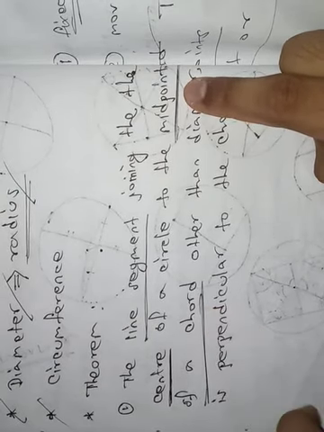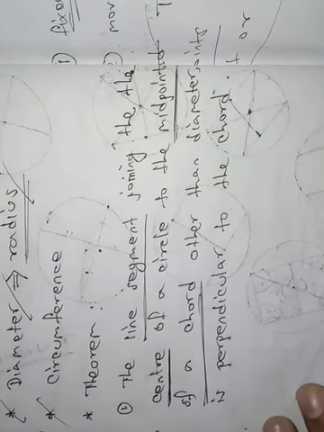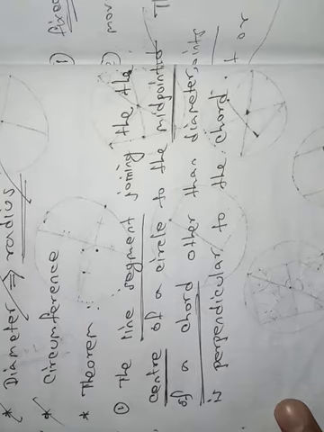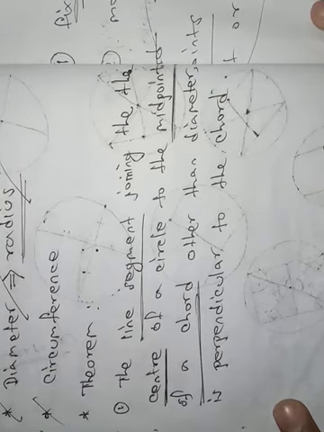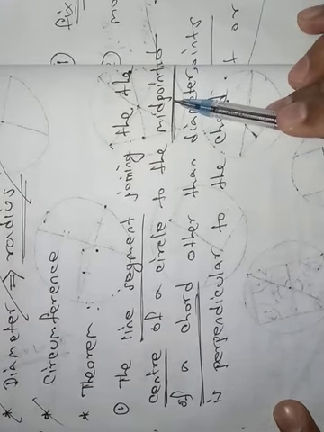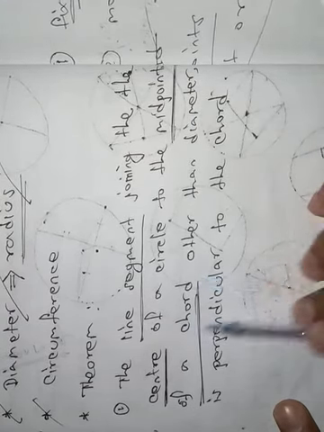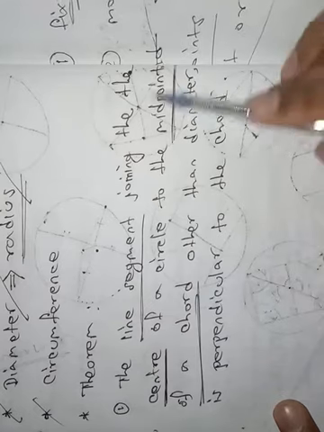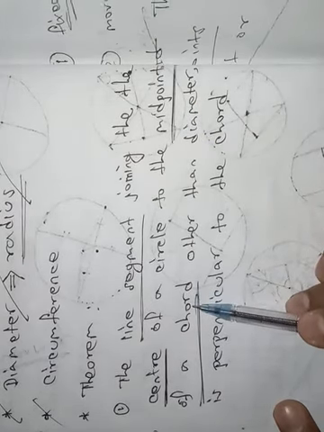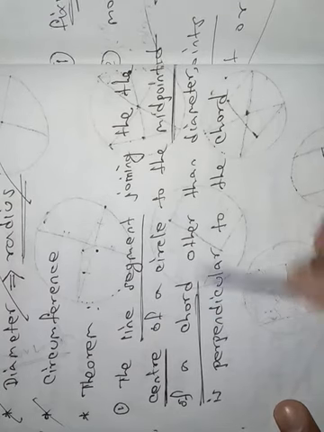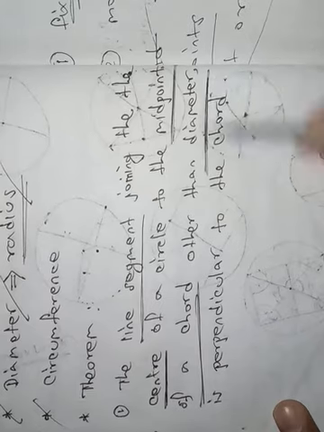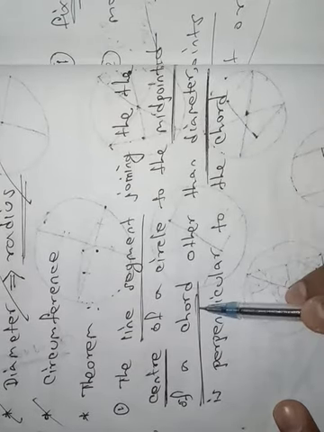And there is another condition our theorem has given to us. The chord that we have chosen for the midpoint can't be a diameter.